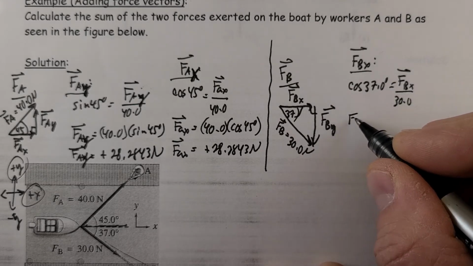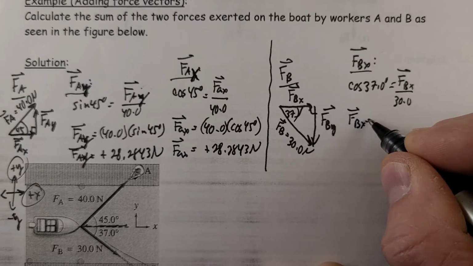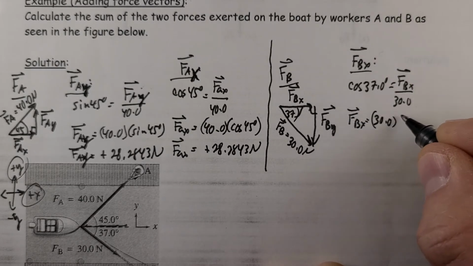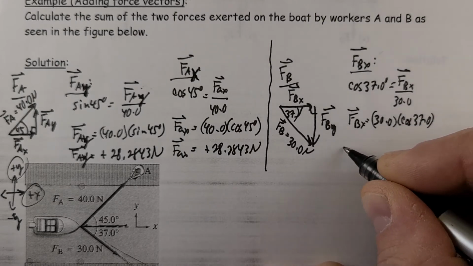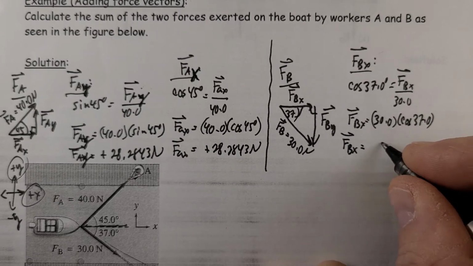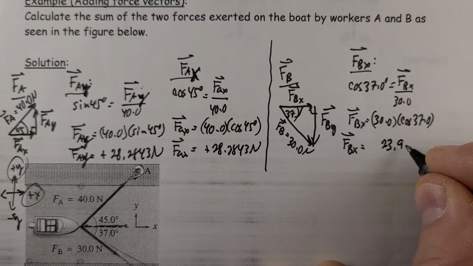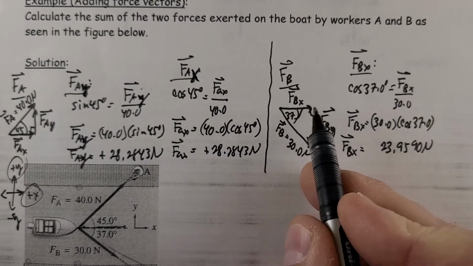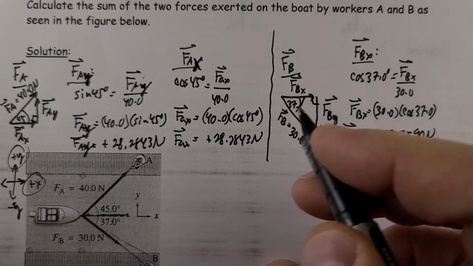So multiply each side by 30, and I get FBX is equal to 23.9590 newtons. And since it's pulling to the right, that's positive X.